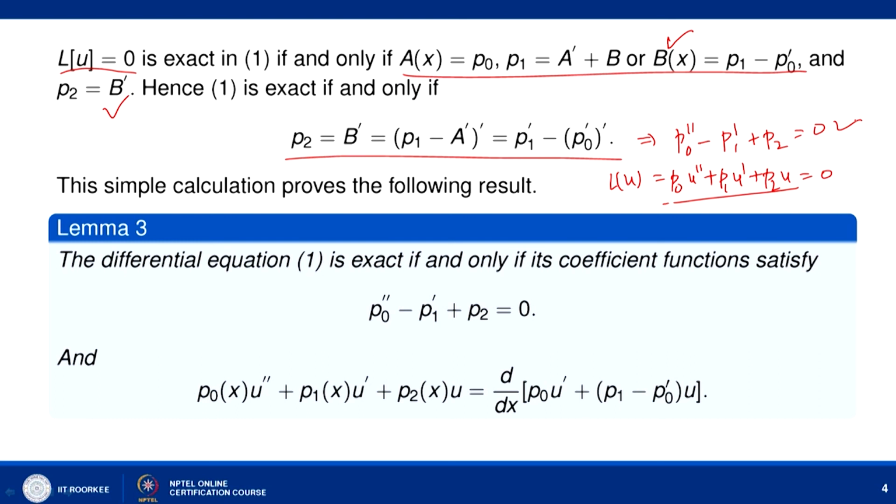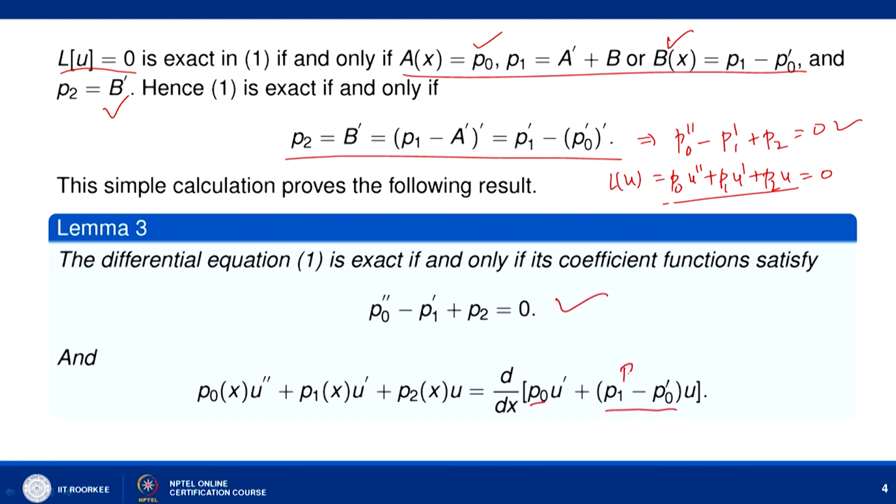So, the differential equation 1 is exact if and only if its coefficient functions satisfy the following condition: P naught double dash minus P1 dash plus P2 equal to 0. And not only this, we can also write the equation P naught u double dash plus P1 u dash plus P2 u equal to d by dx of A u dash plus P1 minus P naught dash u, where A is P naught here.